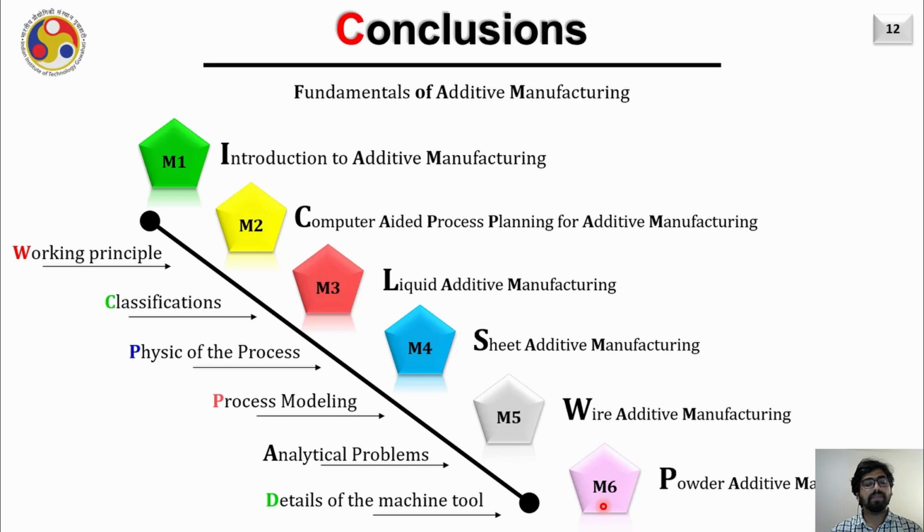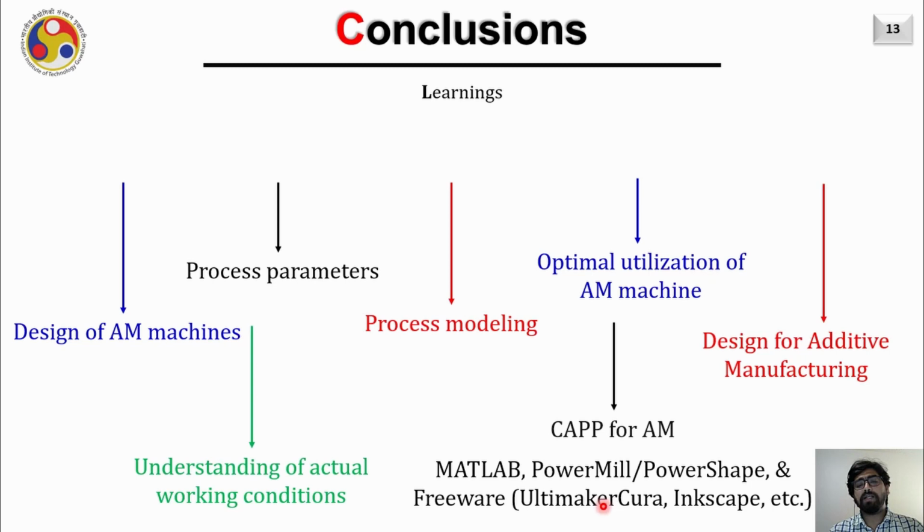and now in module 6 we discussed powder additive manufacturing. I believe that now you will have some fundamental knowledge of additive manufacturing processes, and with this knowledge I believe you have learned how to design your own additive manufacturing machines, how to set their process parameters, and how to do the process modeling, at least the fundamentals of each and every process I have tried to explain.